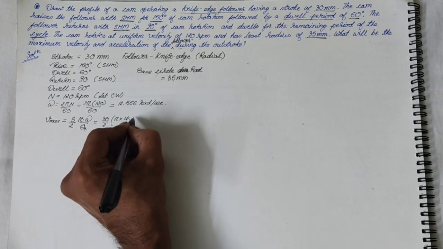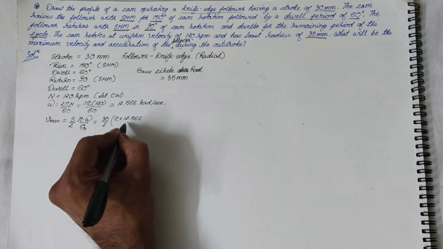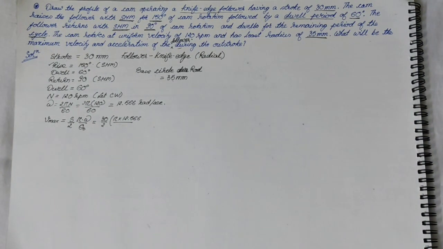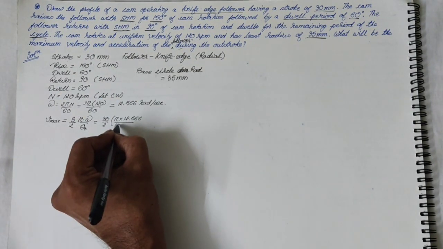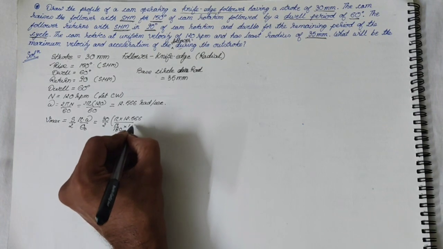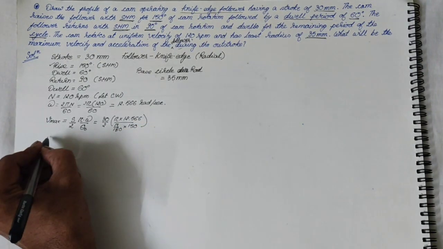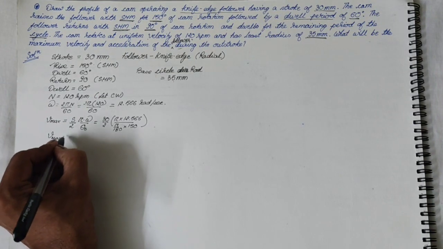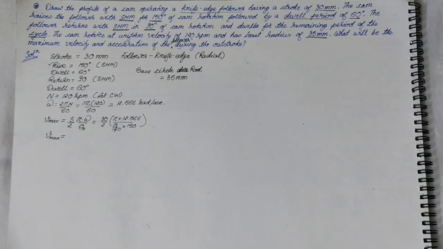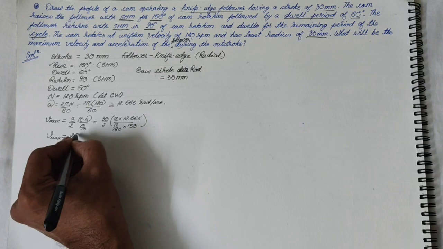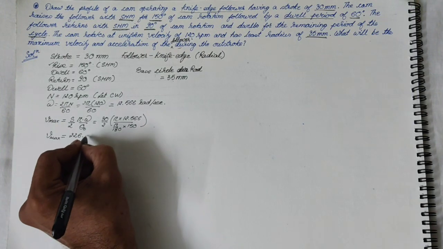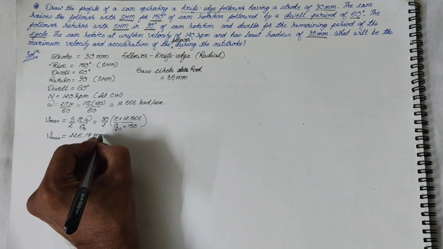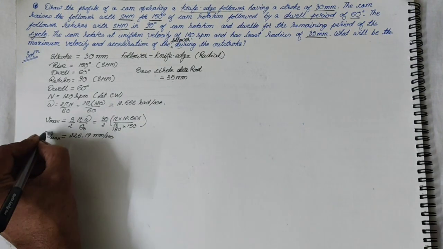Omega we have just now found out, by, we have to take this in radians, so pi by 180 into 150. So then we will get the maximum velocity. When you calculate this value, we get the maximum velocity as 226.19 millimeters per second. This is one value.